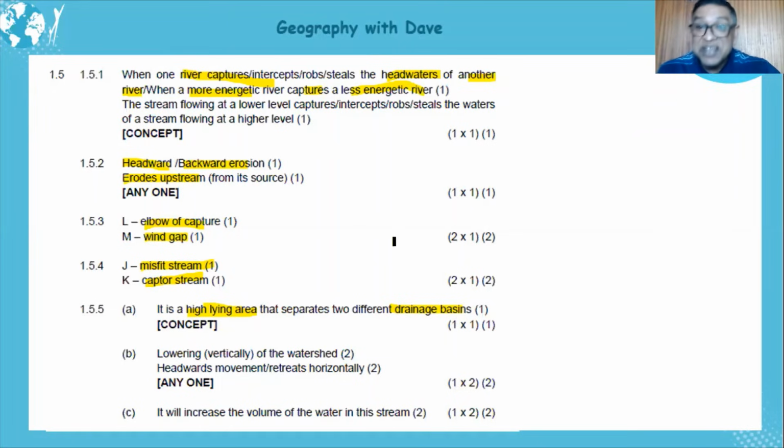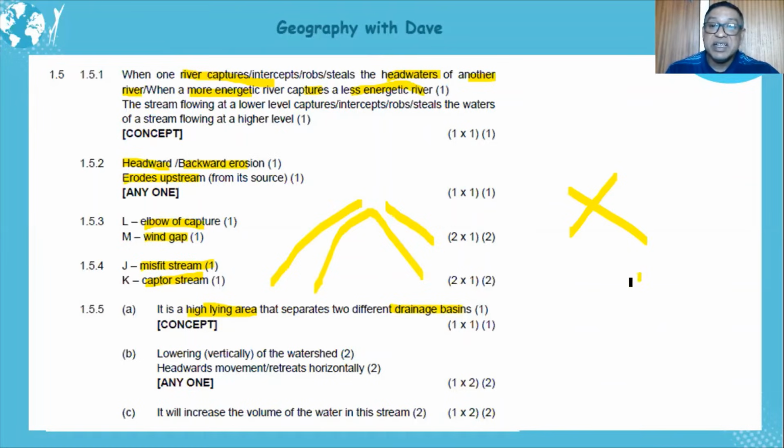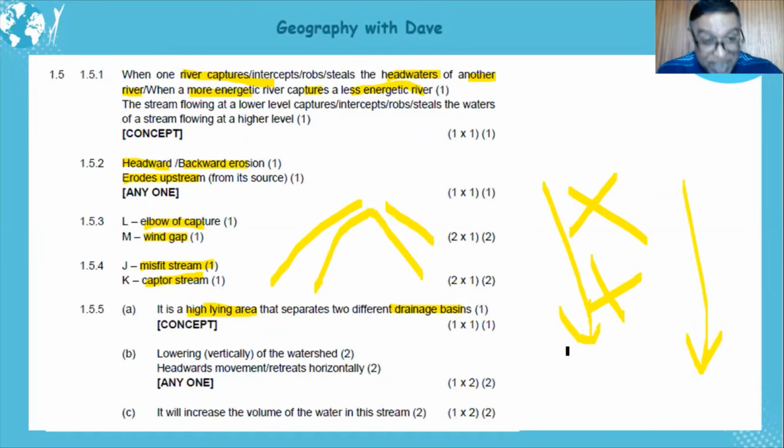High-lying area that separates 2, something like that. And it's separating the rivers that come through. Or if you got it like that, then your rivers could flow this way and this way. But it's a high-lying area.